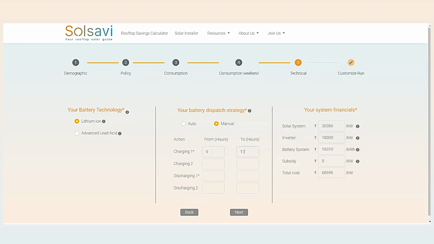So in this case, I am giving 9 to 17 hours, that is 5 p.m. in the evening, and discharge from 18 to 22, that is from 6 p.m. to 10 p.m. Please note here that you will have to define the hours in a 24-hour format, with 23 being the last hour, and it will give you an error if you put 24 because we consider the 23rd hour to be the last hour here.